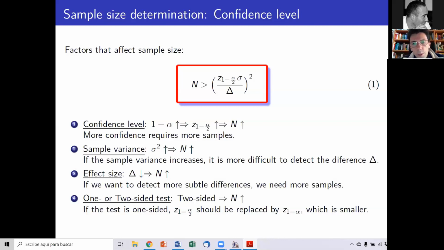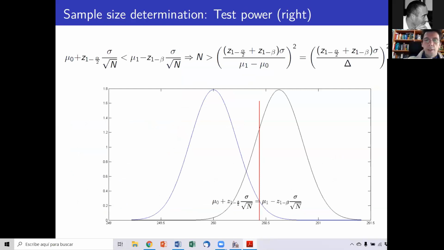But then in this whole story, the statistical power is missing. So let's complete the story. Let's tell you the full story. So here what we have in this plot is the distribution that you would expect of the observed average, if you have 20 tablets. So if you have 20 tablets and the machine is working correctly, then you should see the blue curve.